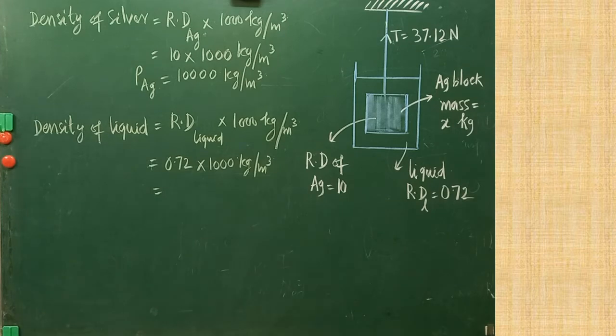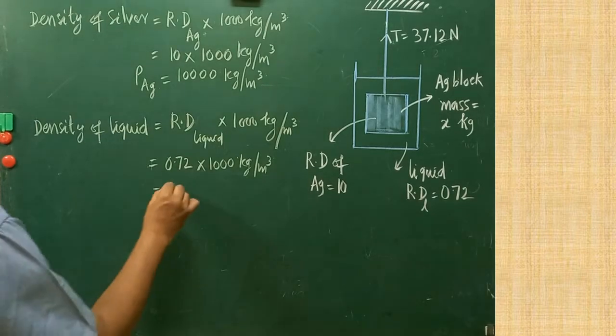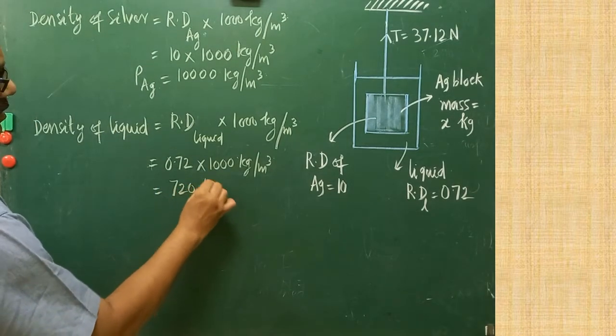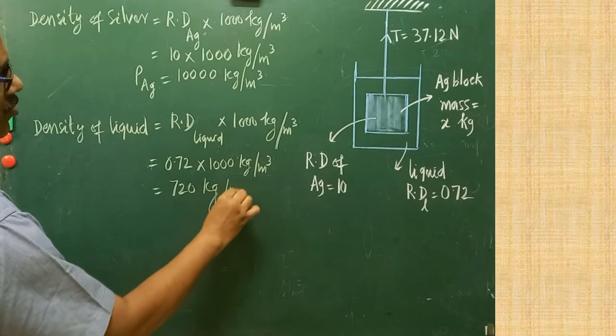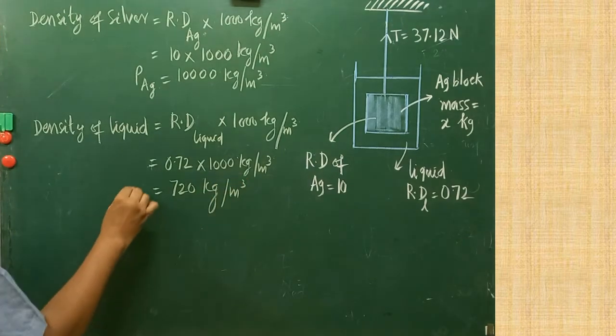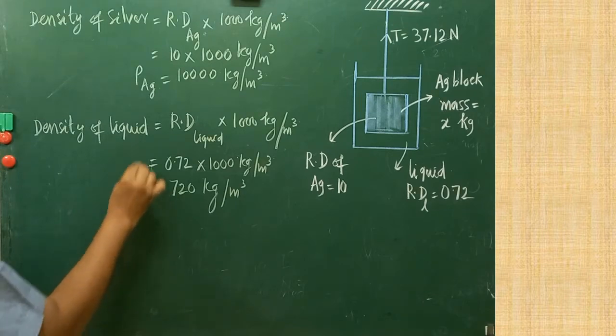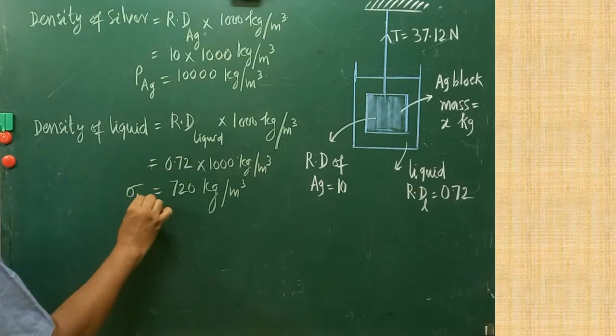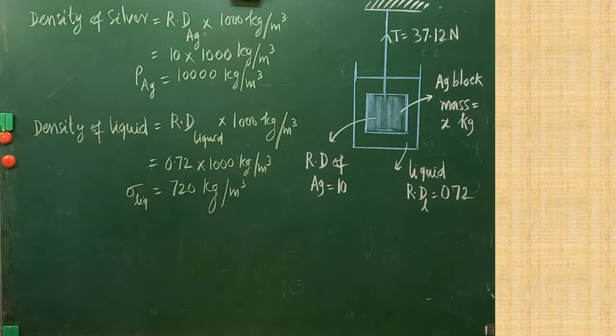After multiplication you will get 720 kg per meter cube. So this is the density of the liquid. For liquid, sigma can be used. Sigma of the liquid can be written. So these two values are very important for our further calculations.